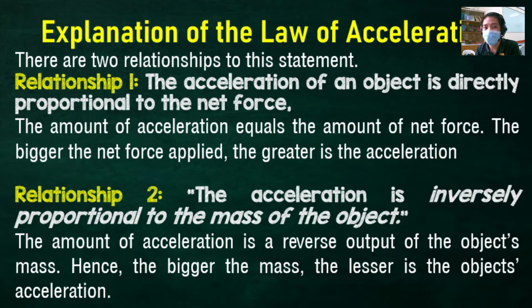If the object has a massive mass, then its acceleration will be smaller also, which also works vice versa. If the object has a smaller mass, its acceleration will greatly increase.